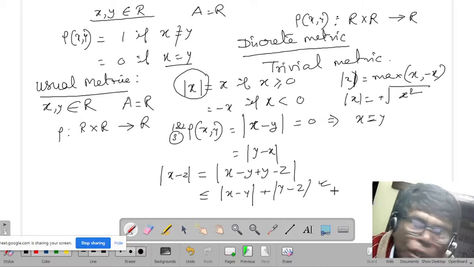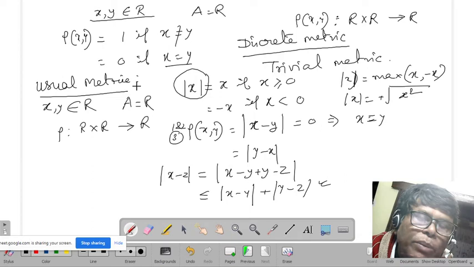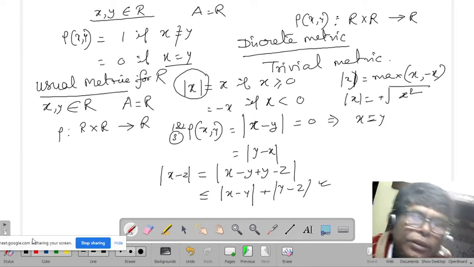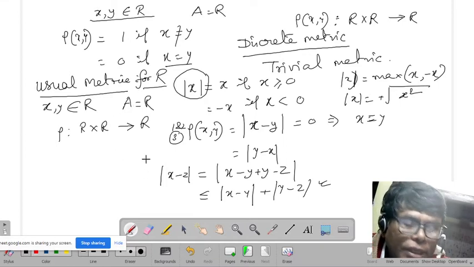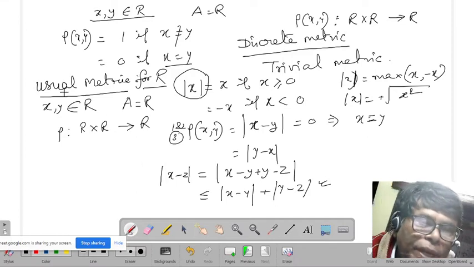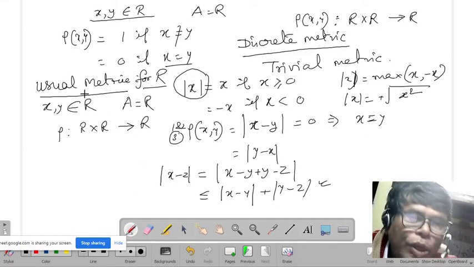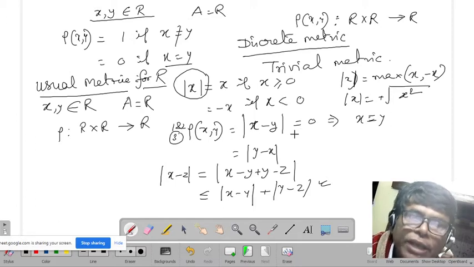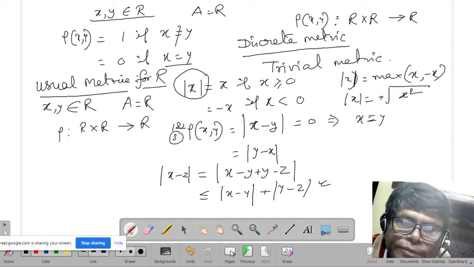So this is proved. This metric is known as the usual metric for R. So whenever there is the phrase usual metric for R, you have to think that the metric is like this. So next page.